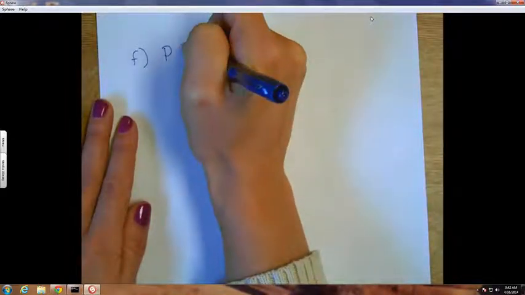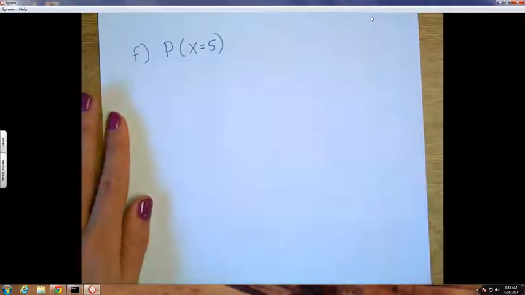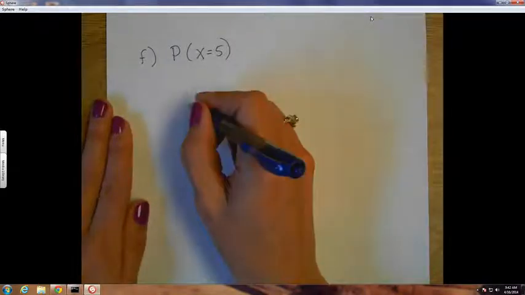Probability of exactly 5 successes. No more, no less. What do you think?